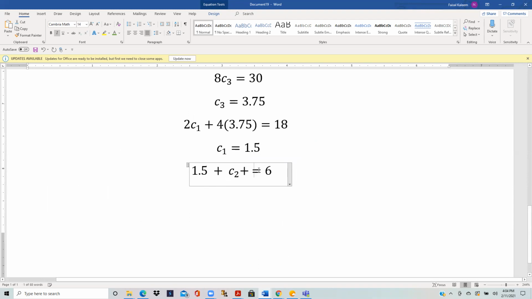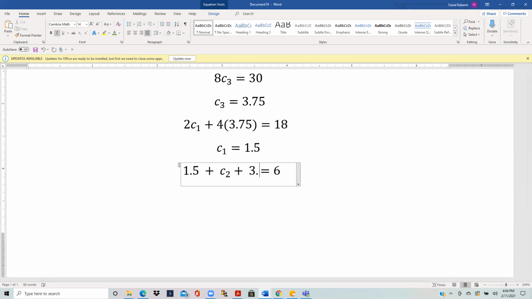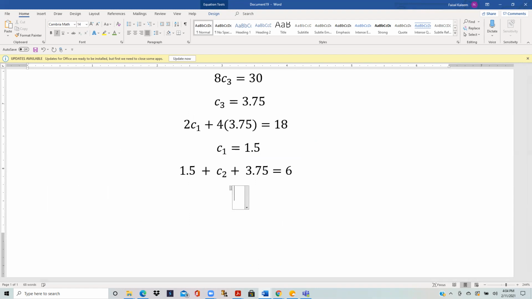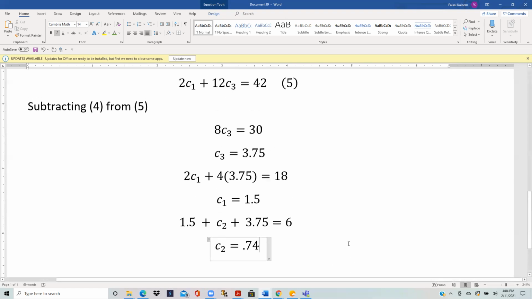C3 is 3.75. Okay, so C2 will come out to be, so these two add up to 5.25. So C2 would be 0.75. So now we have all the three constants.